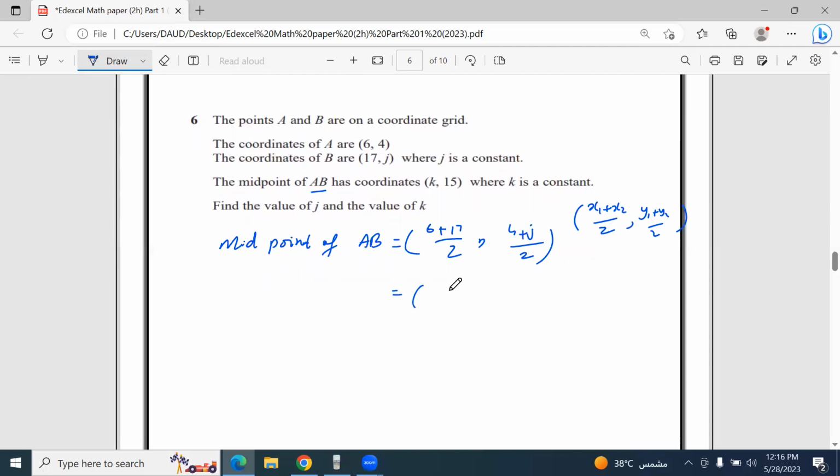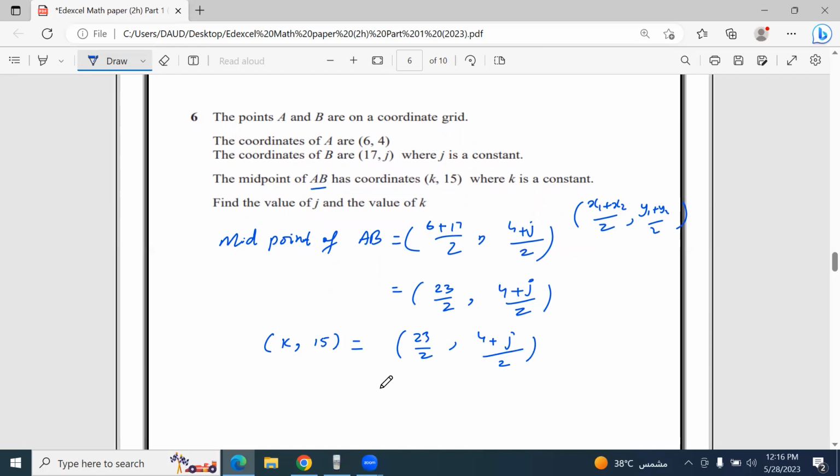And next step, we can say that 17 plus 6 is 23 over 2, and 4 plus j over 2. But remember that the midpoint of AB is given and it is k comma 15. So we can say that k comma 15 is equal to 23 over 2, 4 plus j over 2.